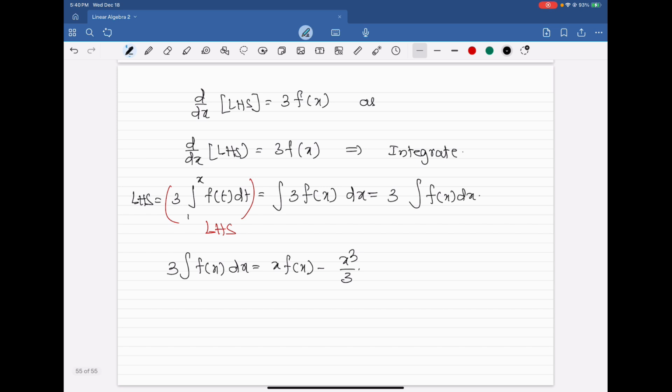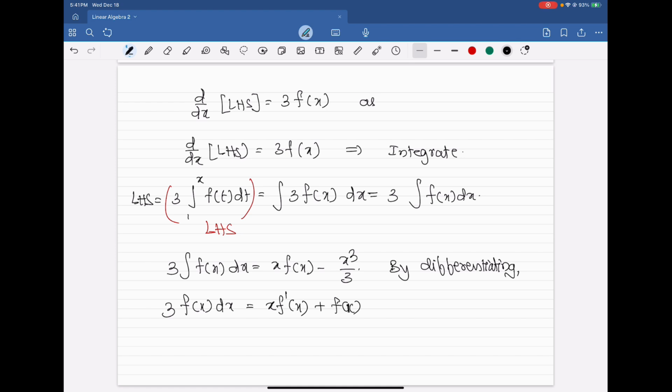Now let me differentiate. If I differentiate, what happens? 3 into f x is equal to x into f dash x plus f x.